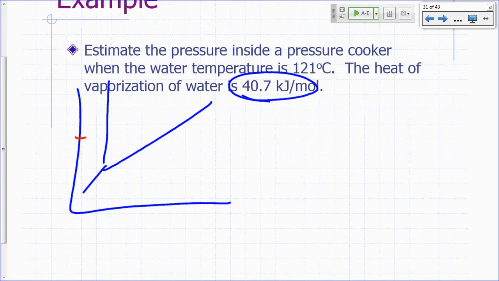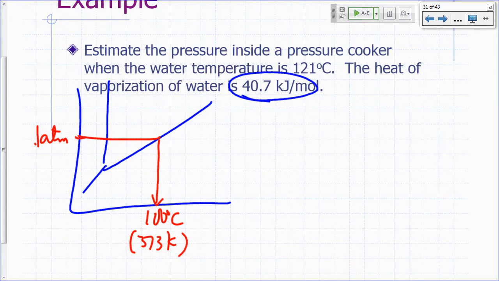At 1 atmosphere, water boils at what temperature? 100 degrees Celsius, that's 373 Kelvin. Now, if you want your water to boil at 121 degrees Celsius, what would that pressure be? That would be the pressure you need in your pressure cooker.